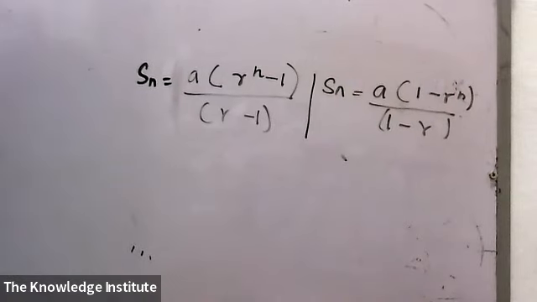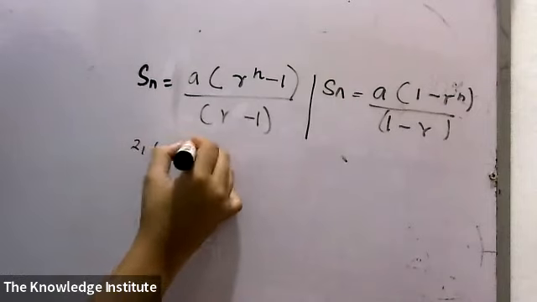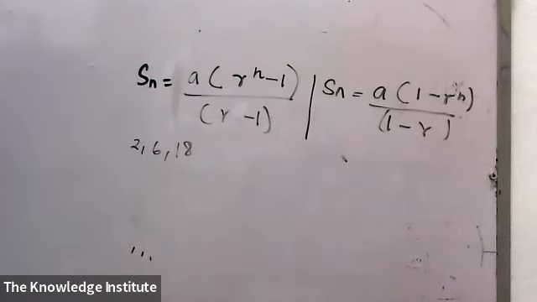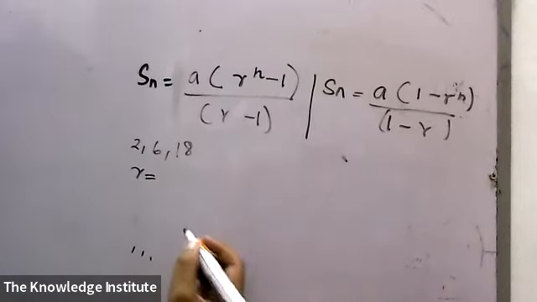Okay. First example. Let's say I'm giving you a geometric progression as 2, 6, 18. Can you tell me what is the common ratio of this?